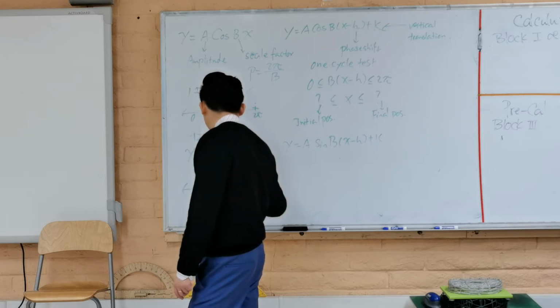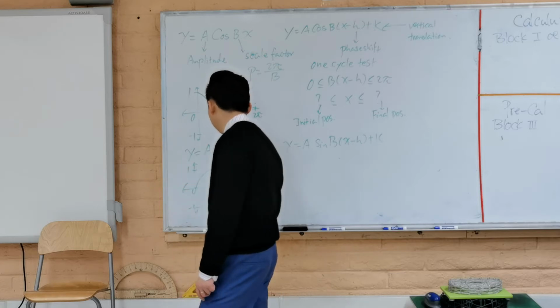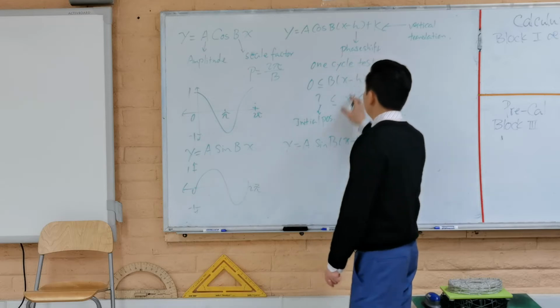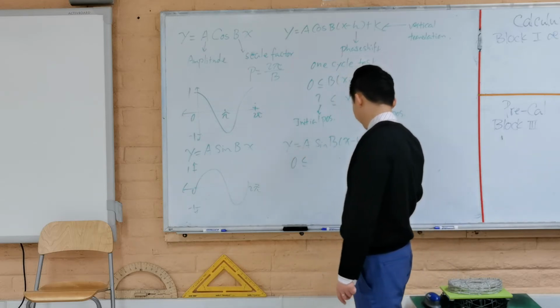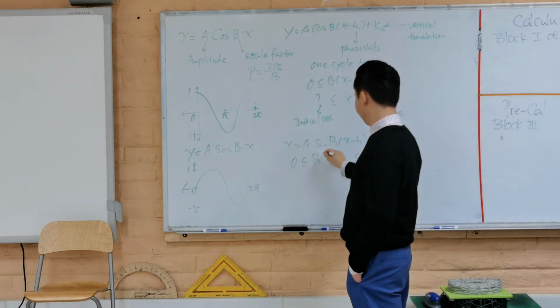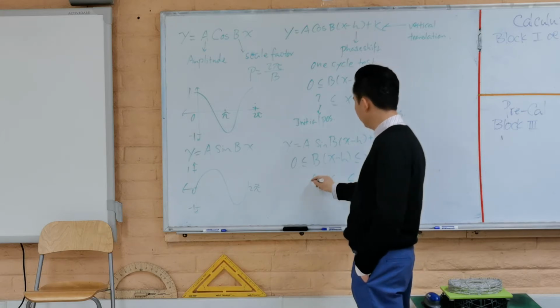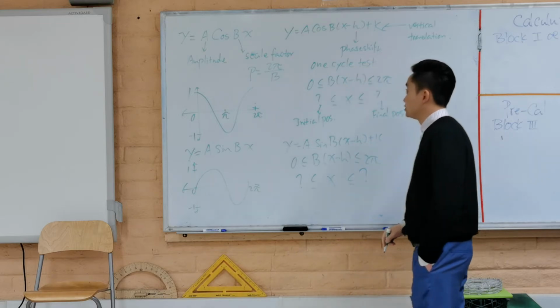As you can see, the period is from 0 to 2 pi, and the amplitude is from negative 1 all the way to 1. For the transformational form, the one cycle test uses the exact same boundary from 0 to 2 pi. Whatever you solve for x right here gives the boundary, showing the initial position and the final position.